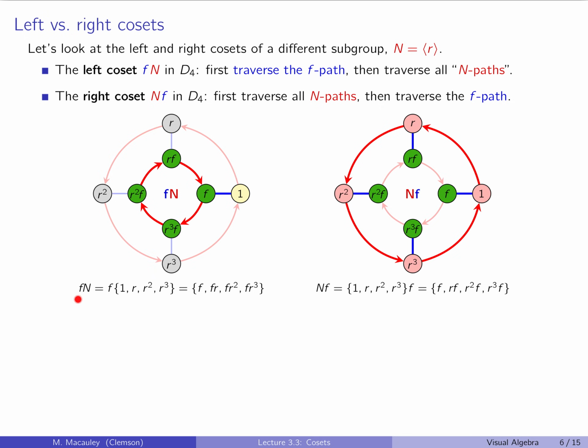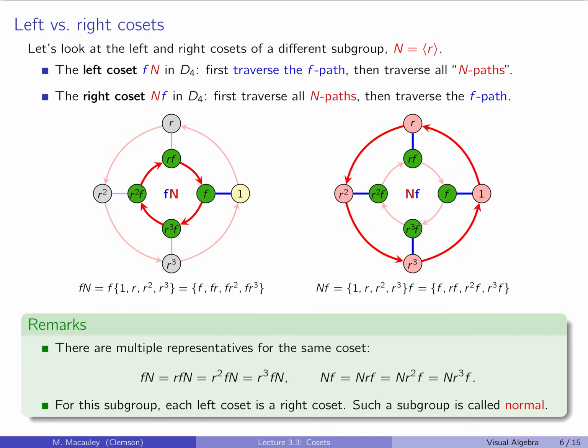Algebraically, F times N is the product of F times each of the rotations, and so you get all 4 reflections. Whereas NF is the product of first those rotations and then times F, and so you still get those 4 reflections. Just notice that the order that these are in is different, so they get shuffled up a little bit.